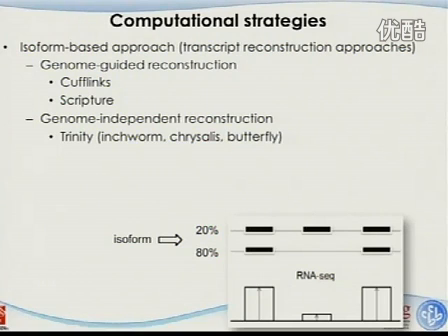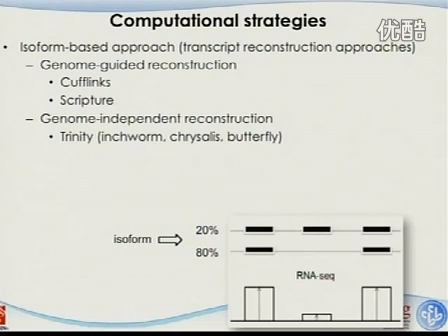It's very common that one gene has 10 different isoforms, or at least potential isoforms, and how you can reconstruct that requires some computation. And in terms of the isoform-based approach, there are two smaller categories. The first one is called genome-guided reconstruction, and we will spend most of the time talking about two tools.